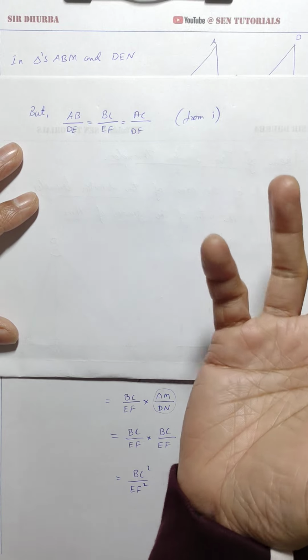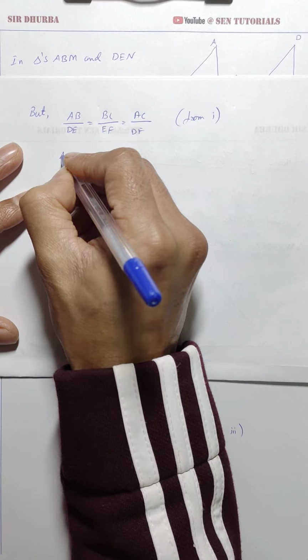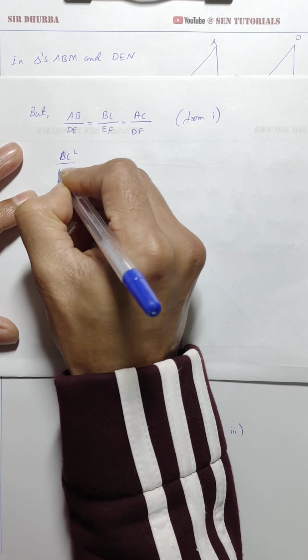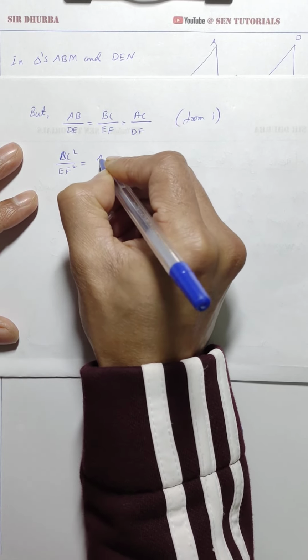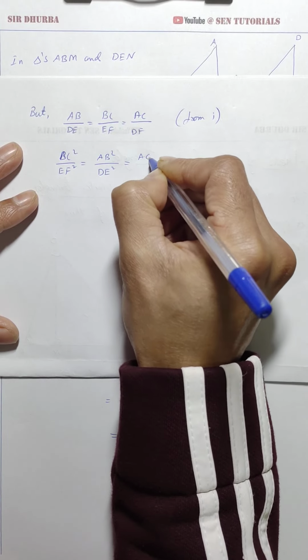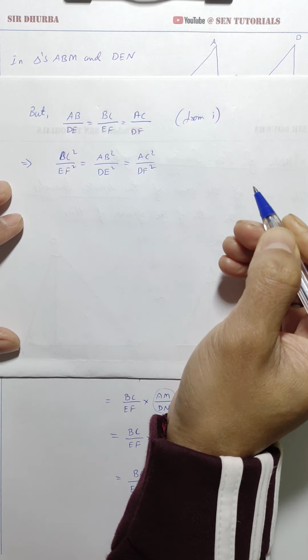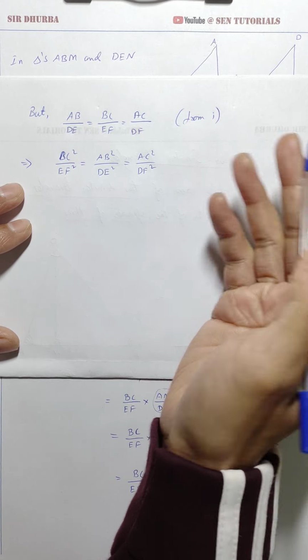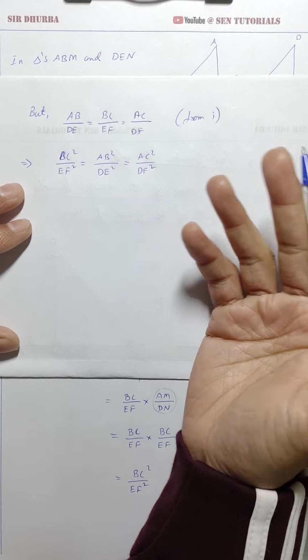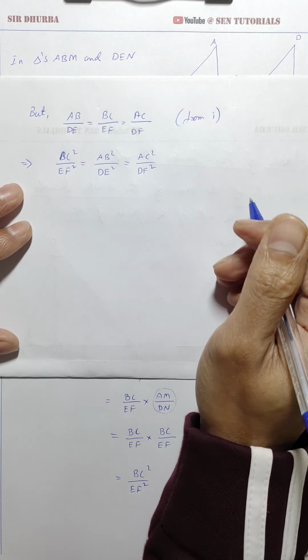Squaring of course won't change the equality, so BC square by EF square will also be equal to AB square by DE square, which will be equal to AC square by DF square, isn't it? Right, because if two ratios are equal, then squaring them will also result in equal ratios.